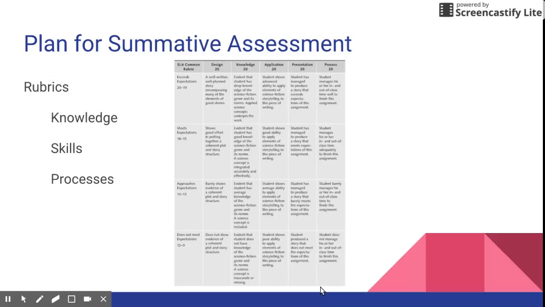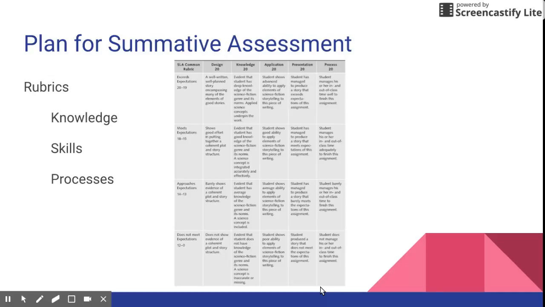So we are used to seeing that in college as a rubric where we are looking at knowledge, skills, and processes. So I have a rubric from the text where it talks about, I believe this was a story, where the teacher is looking for these 5 different categories across the top. They're looking at design, knowledge, application, presentation, and process.